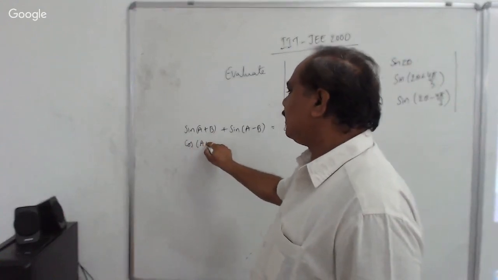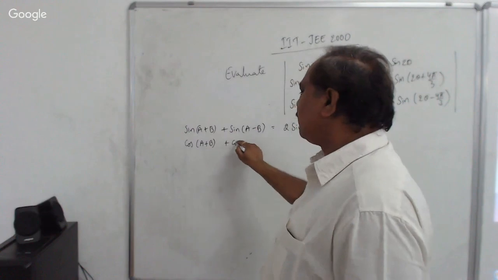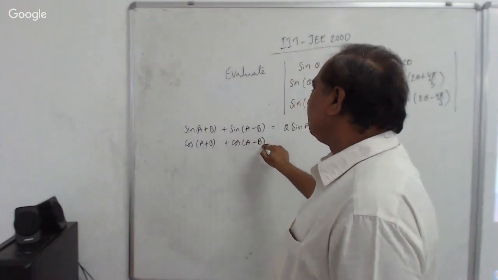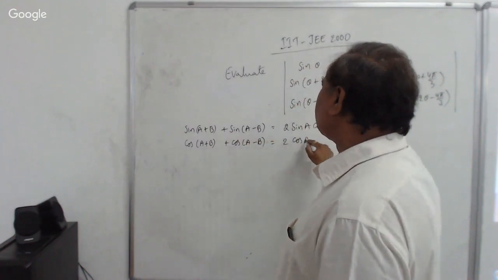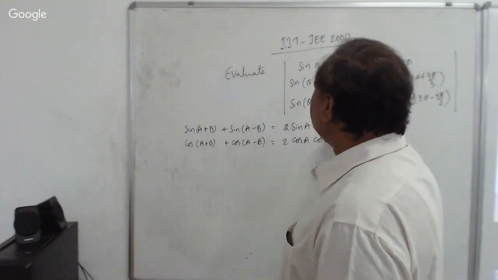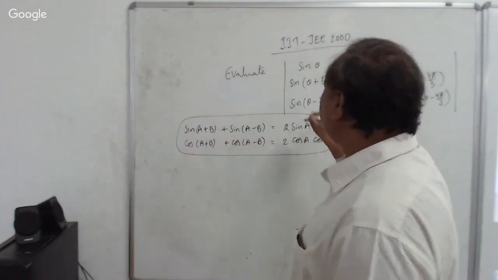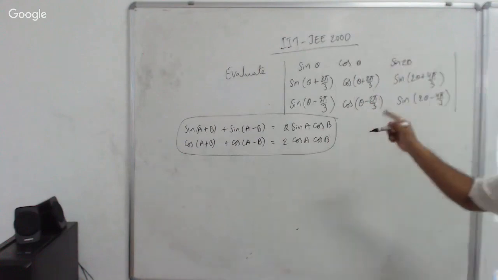Similarly, cos of A plus B plus cos of A minus B equals 2 cos A cos B. These two formulae are applicable while solving this problem.